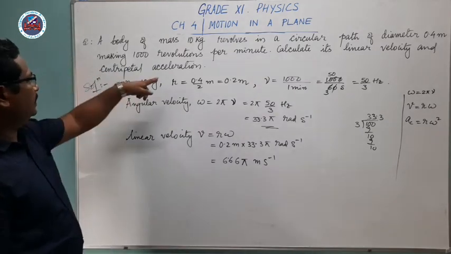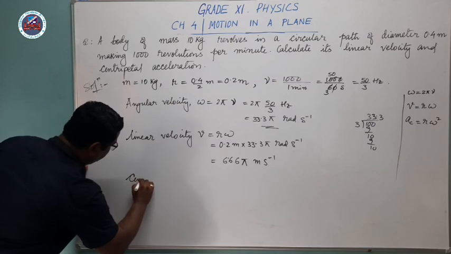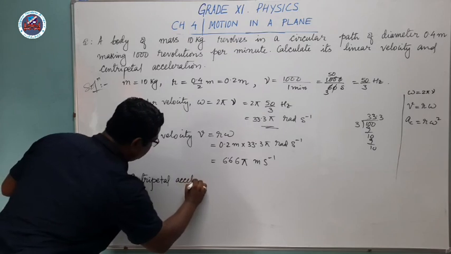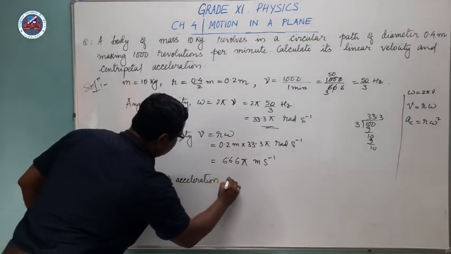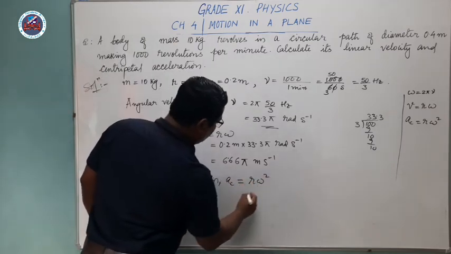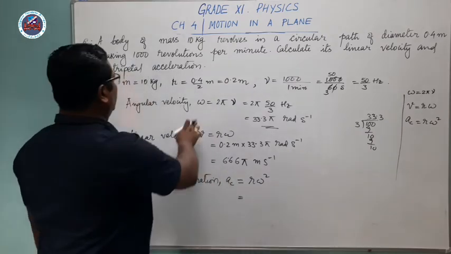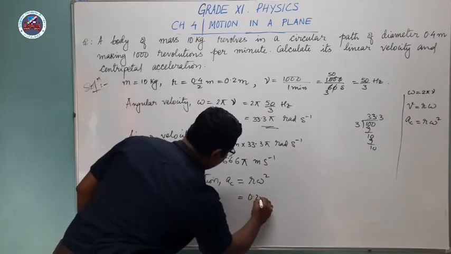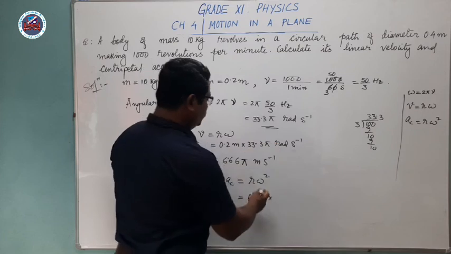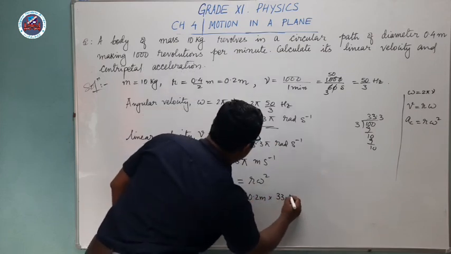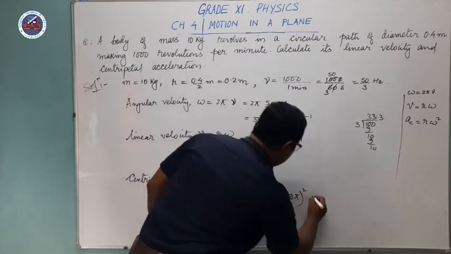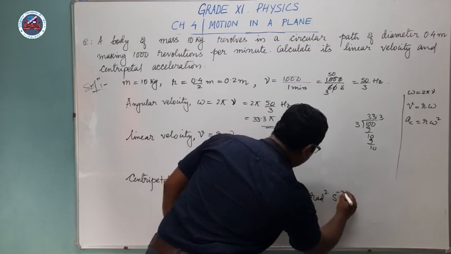Then comes your centripetal acceleration a_c. Centripetal acceleration is given by r omega square. You know the value of r, that is 0.2 meter, and omega square means this value squared: 33.3 pi square, in radian square per second square.